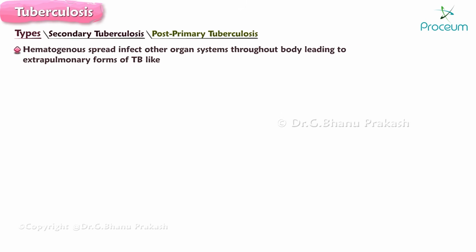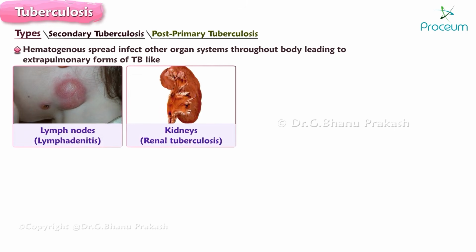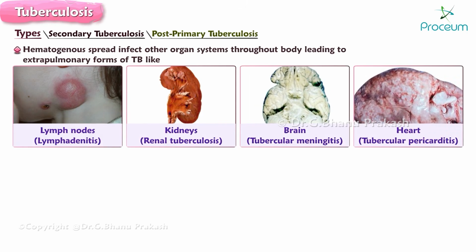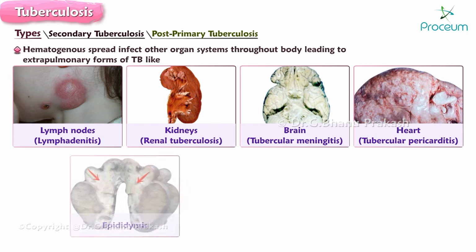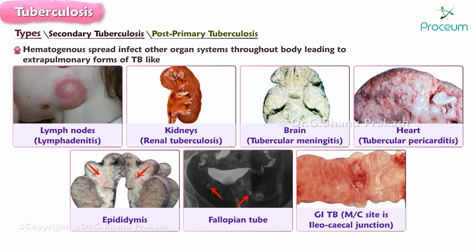Furthermore, hematogenous spread can occur as well, and Mycobacterium tuberculosis can infect other organ systems throughout the body, leading to extrapulmonary forms of tuberculosis, like lymph nodes, lymphadenitis, kidneys, renal tuberculosis, brain, tubercular meningitis, heart, tubercular pericarditis, epididymis, fallopian tube, gastrointestinal tuberculosis, in which the most common site is the ileocecal junction, etc. Extrapulmonary tuberculosis involves lymph nodes more commonly than pleura, and pleura is more common than the genitourinary tract.